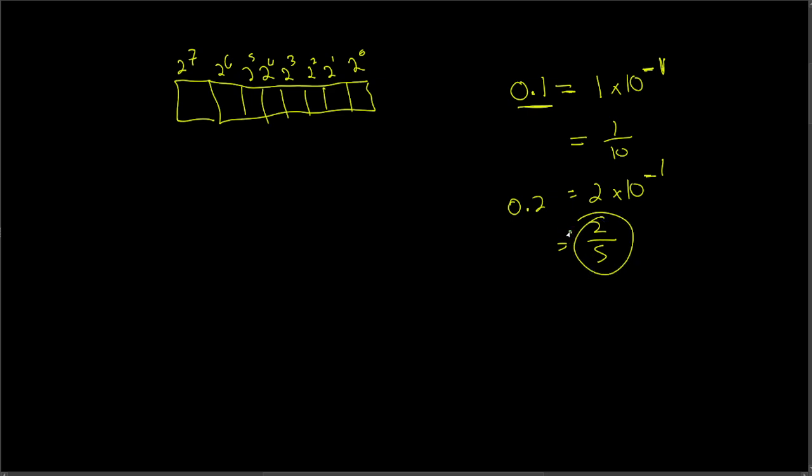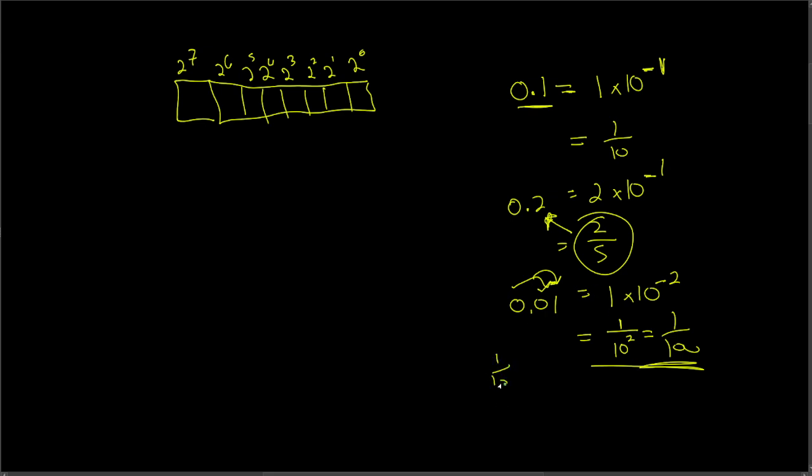And so there's a fractional representation that comes from our notation. 0.01 is equal to 1 times 10 to the negative second, because it's in the second place after the decimal point, which is the same as 1 over 10 squared, or 1 over 100. And so in our way of writing, fractions of base 10 work out naturally. So 1 over 10 has meaning in the decimal system. But if we write something like 1 over 3, this gives us a repeating decimal.